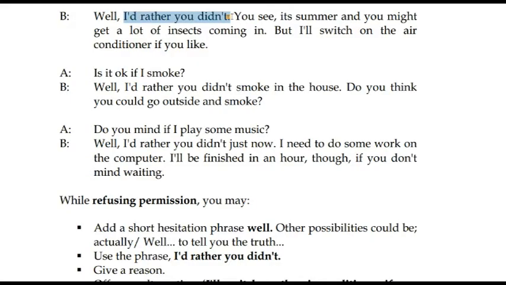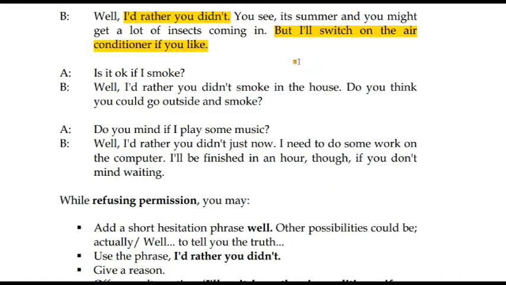You see, it's summer and you might get a lot of insects coming in, but I will switch on the air conditioner if you like. Now, that is a polite way to refuse permission. You have refused him or her, you have explained the reason, and you have also offered an alternative.